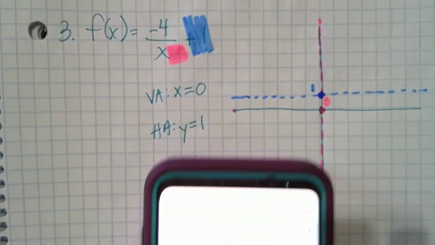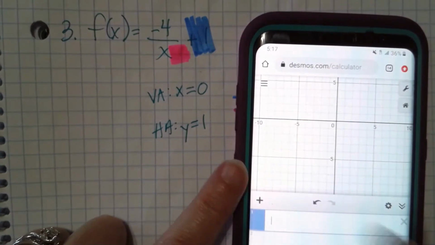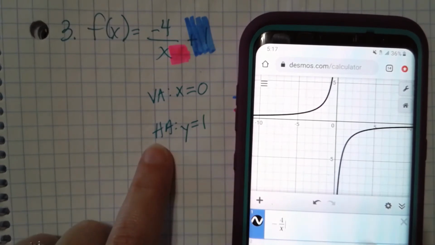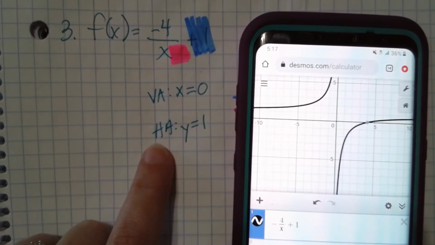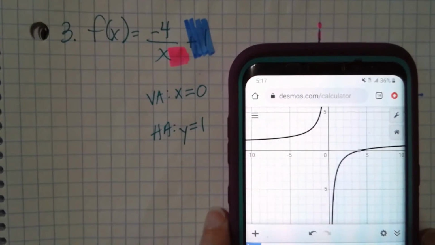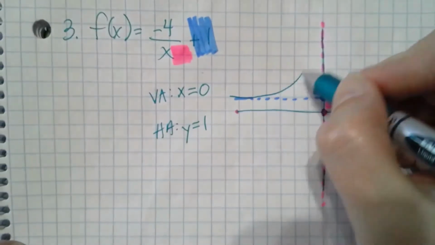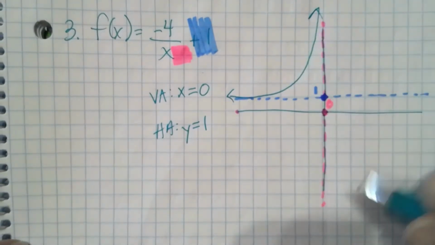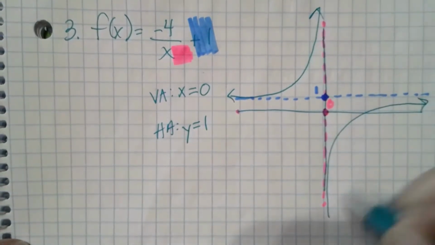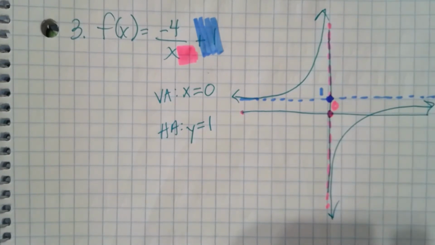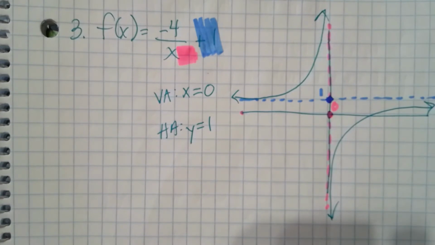So if you want to see what it looks like, negative 4 over x plus 1. Okay, so it is reflected. The 4 means it pushes back a little bit farther. It doesn't start quite as close to center, but whatever.